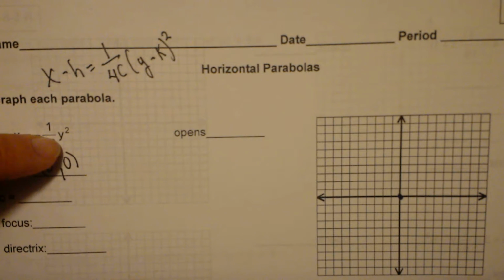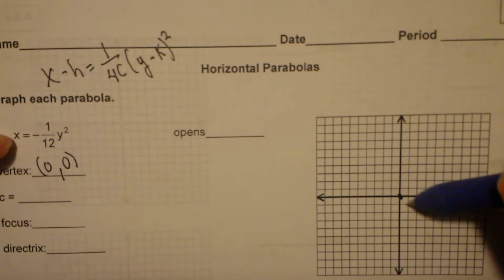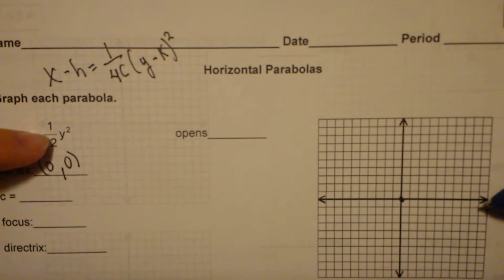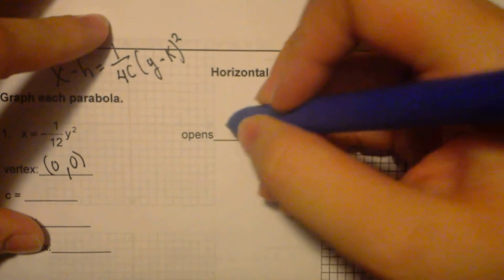Since y squared would be positive, I would have been on the positive side of my x-axis, but I have that negative, so now I'm going to be on the negative side of my x-axis, so it's opening to the left.